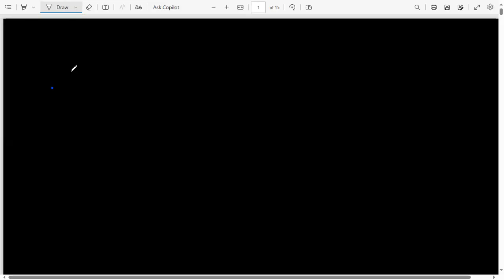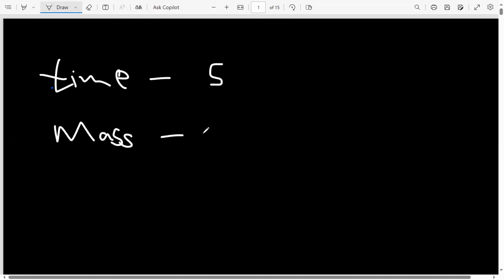Time is measured in seconds. Mass is measured in grams or kgs, it's just the same. And then we have length or distance or height, which is measured in meters.